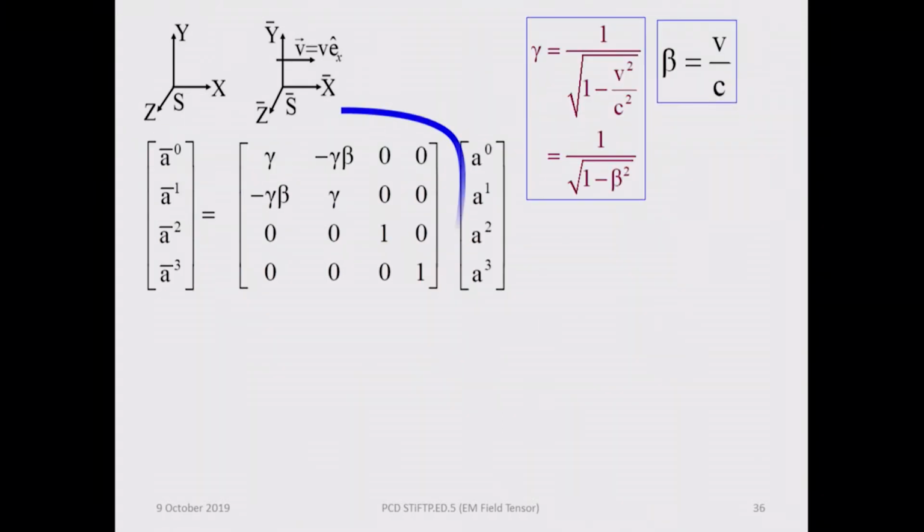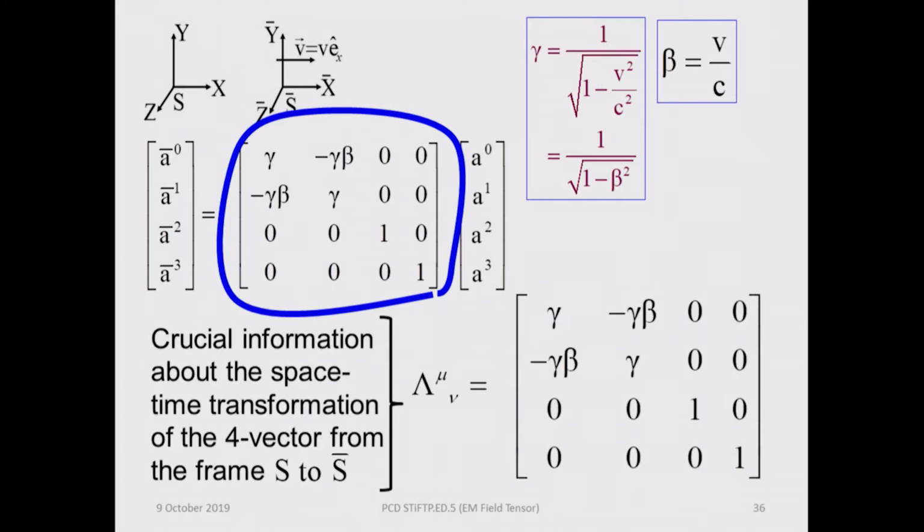So, this is the essential term which we are looking at, and this is represented over here by this 4 by 4 matrix, right. It tells you how the components of a 4 vector transform from frame S to S bar, and all that information is contained in there.